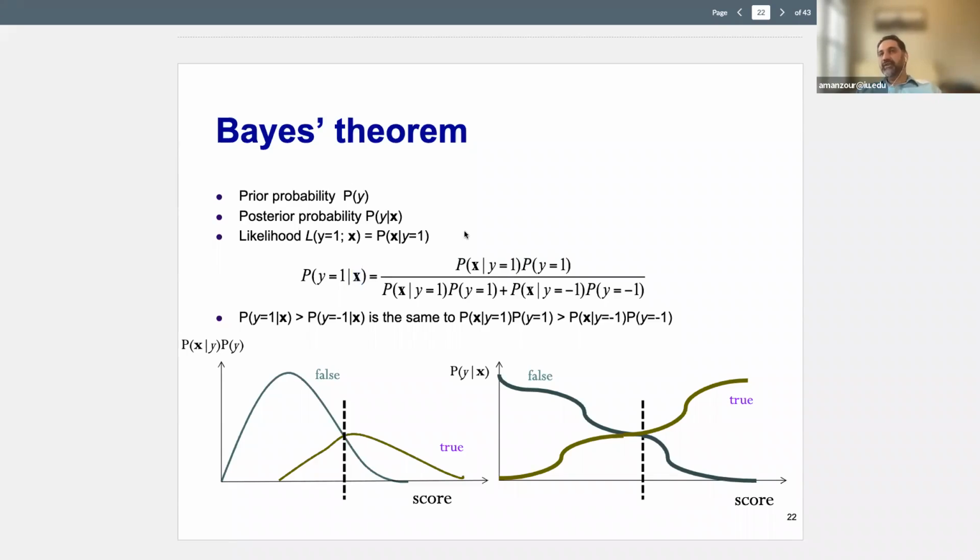From here on, it's just a matter of plugging in numbers, understanding boundaries and getting a feel of these equations and how they affect your decision. But basically, it all comes down to this: P of Y given X equals P of X given Y multiplied by P of Y divided by P of X.